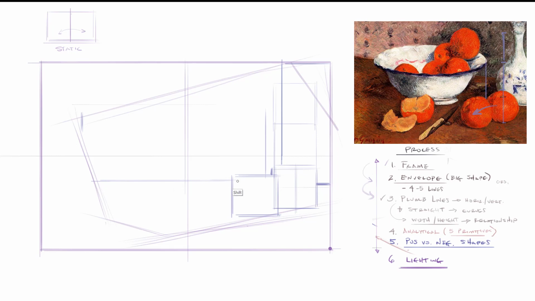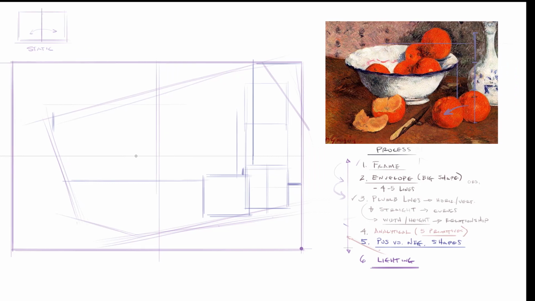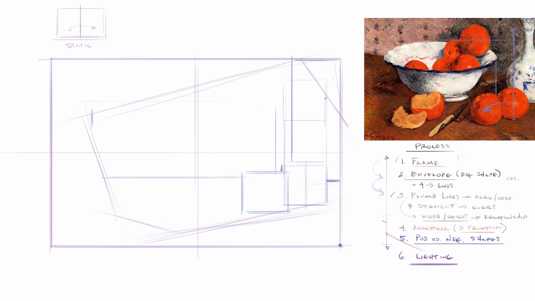So I'm going to draw that across. The height of the bowl, at the very top, it's about halfway on this second orange up. So I'm doing my best to build all these different relationships so I can then kind of work into the picture.